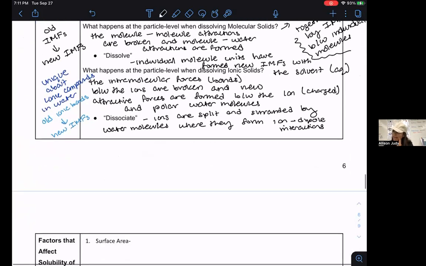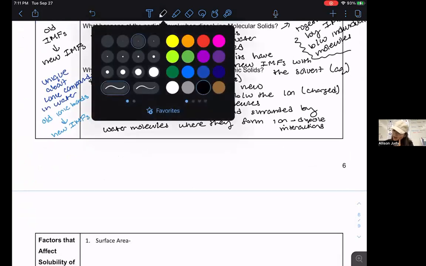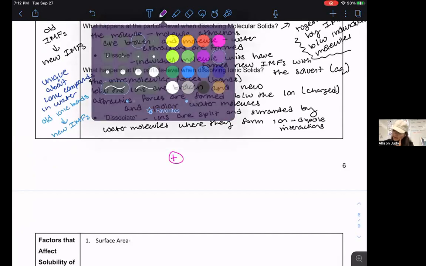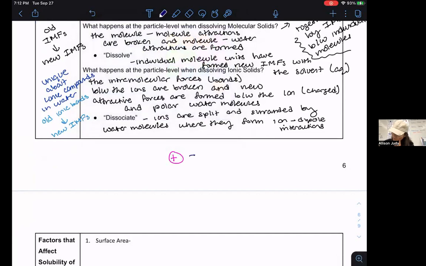So what we say is that the ions, let's say a cation and an anion, start off together. And what happens is they begin to break apart. Their intramolecular ionic bond breaks.